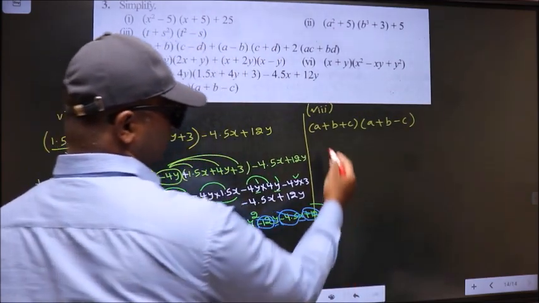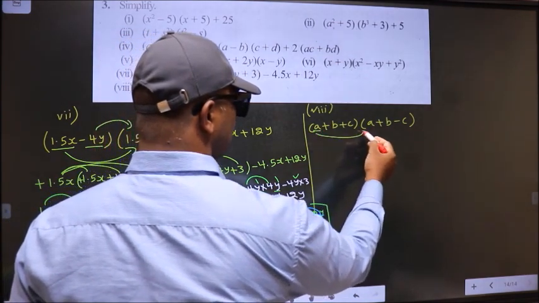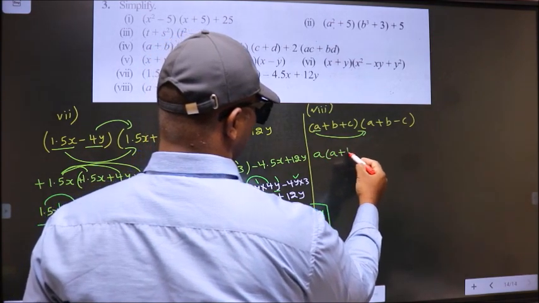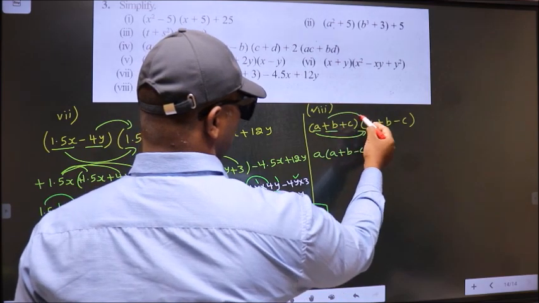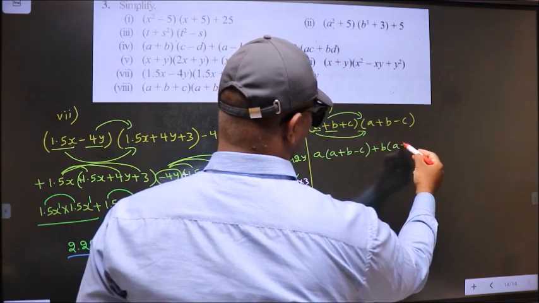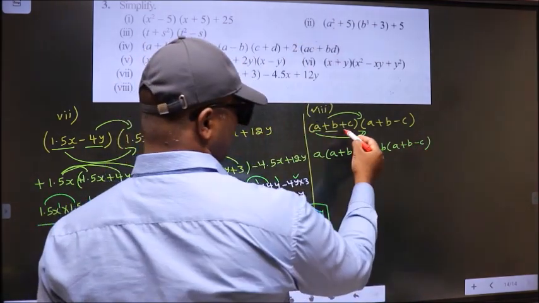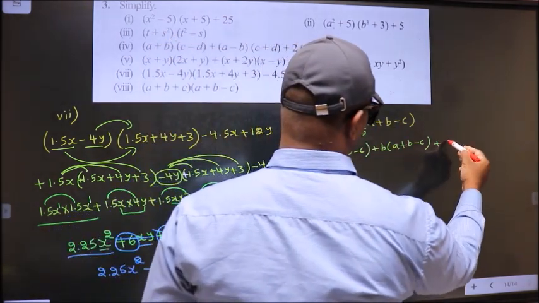Now, to simplify this, first with A, we should multiply this entire bracket, that is A times (A plus B minus C). In the same way with plus B, we should multiply this entire bracket. In the same way with plus C, we should multiply this entire bracket.